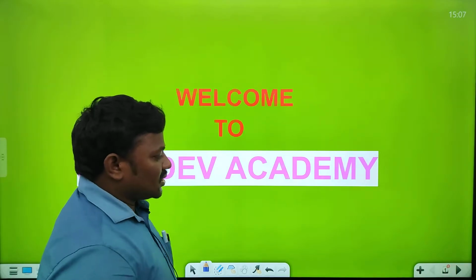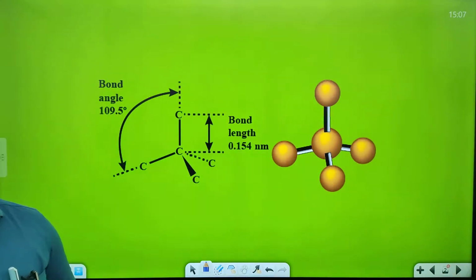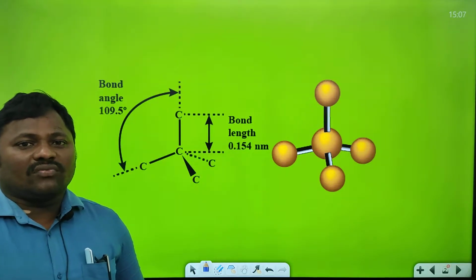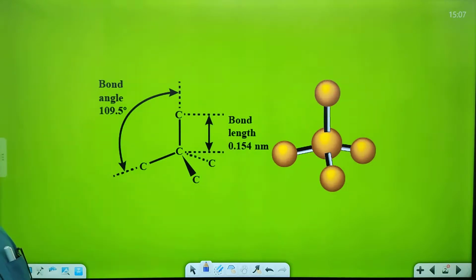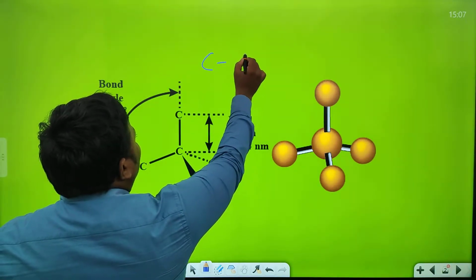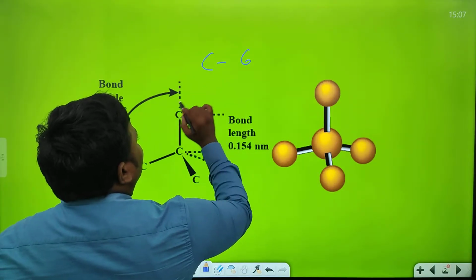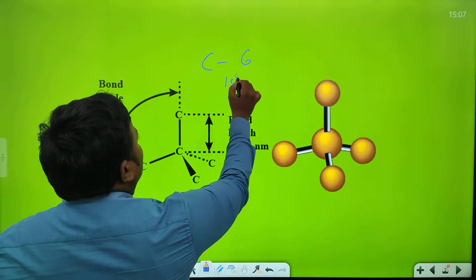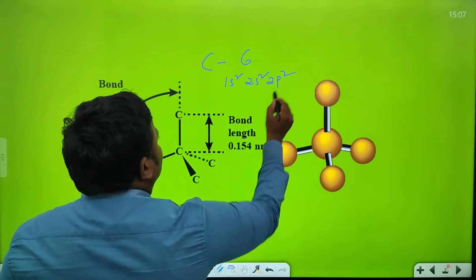First of all, carbon has four covalent bonds. Carbon has atomic number 6 and electronic configuration 1s2, 2s2, 2p2.